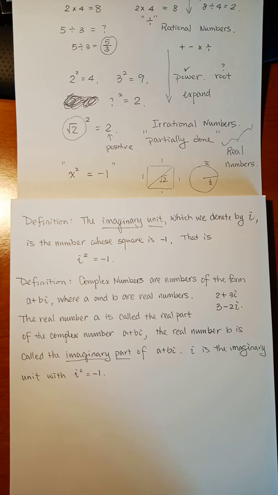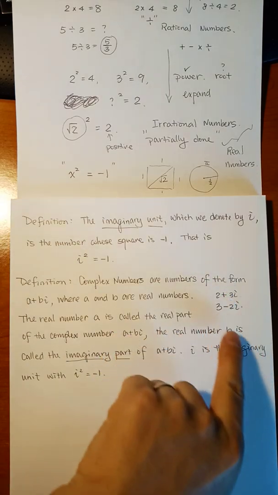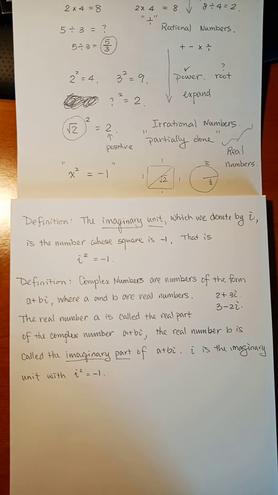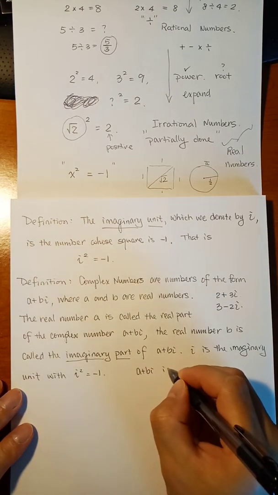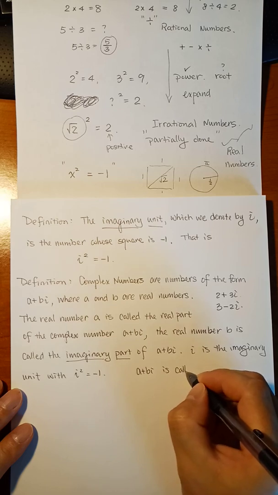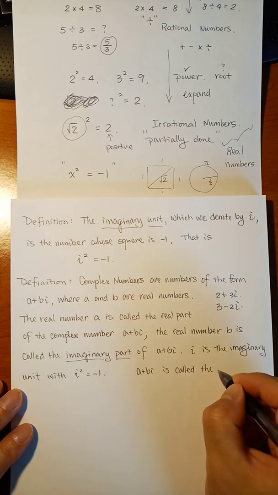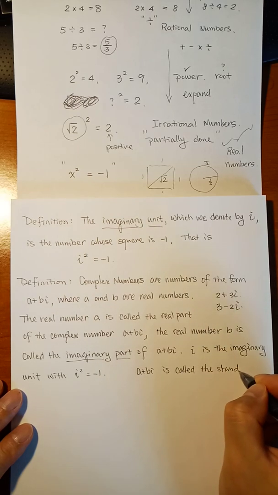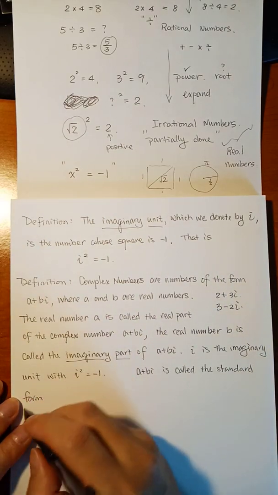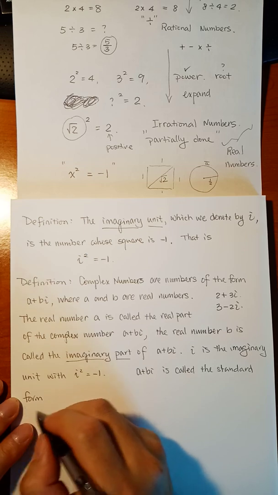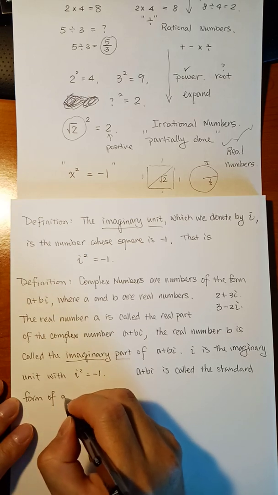Okay, so what is a complex number? Whenever you have a number with such form, it's a complex number. And this a plus bi is the standard form of a complex number.